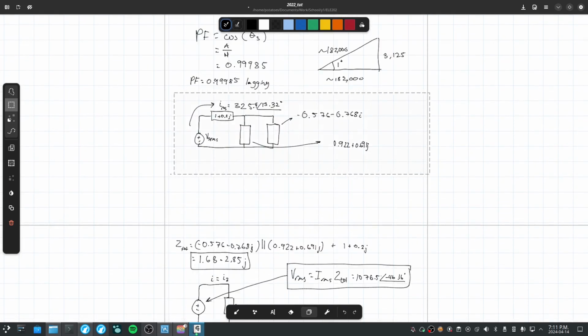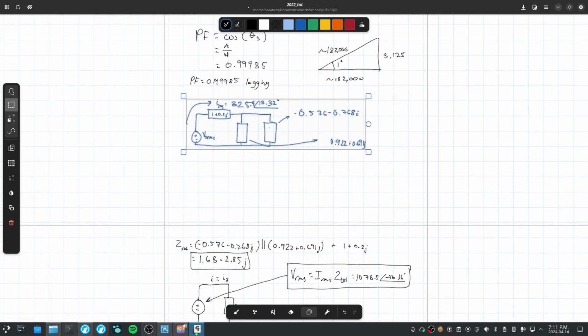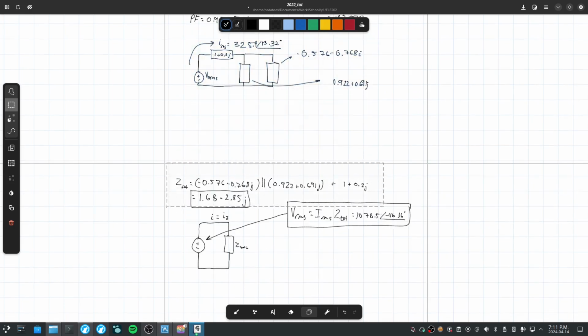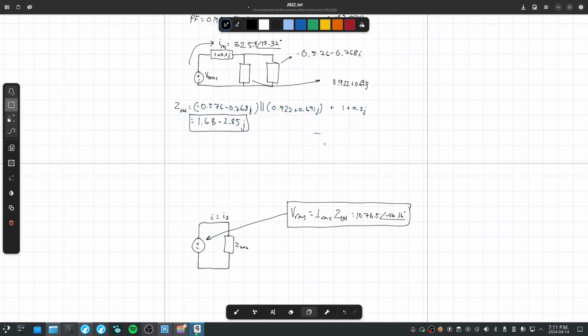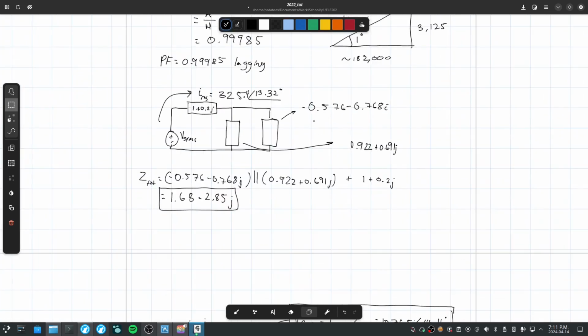Actually, I did. Here. That should go up here. Oops, I actually grabbed the top of the eye. So if you look here, we have the impedance of each sort of thing, and then we put it in and we find Z total.